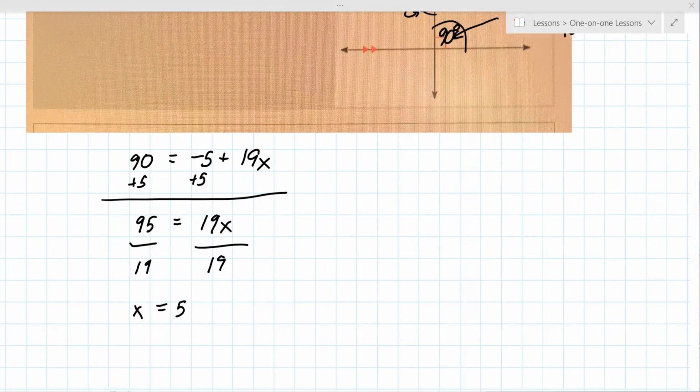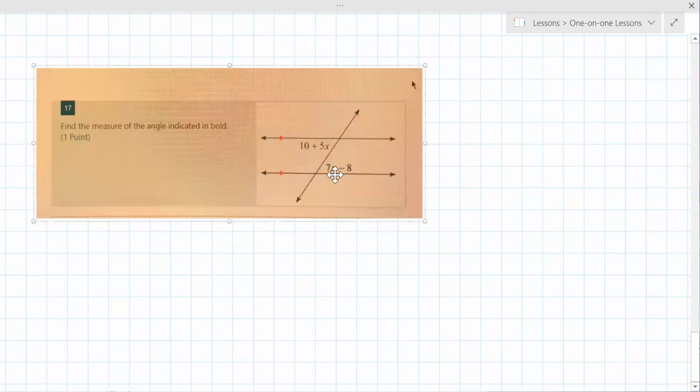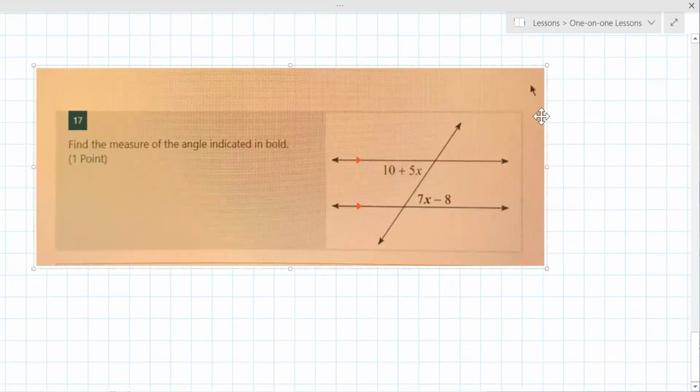All right, so 17 is the next one on your list here. I'm going to snip that in to work through. When you look at 17 on your side, do you know if the angles are equal or add up to 180 by looking at it? What say you here, Maddox? These are parallel.